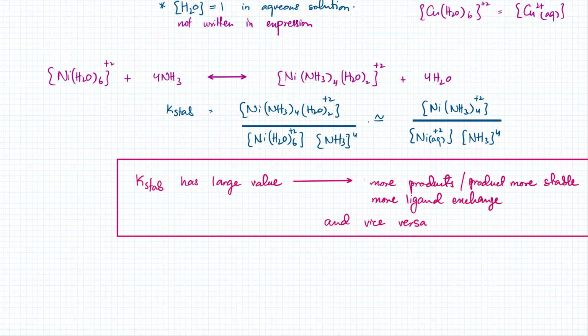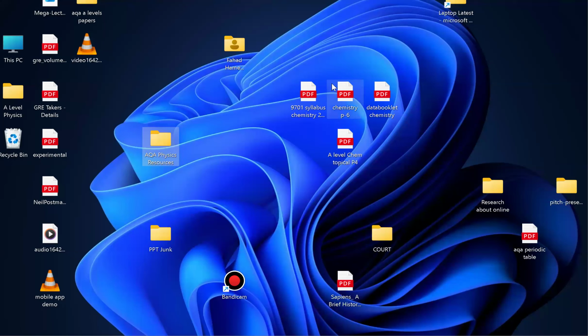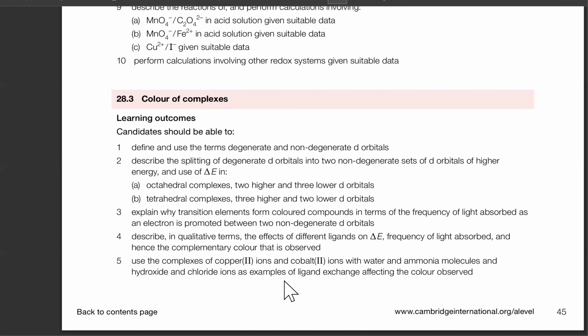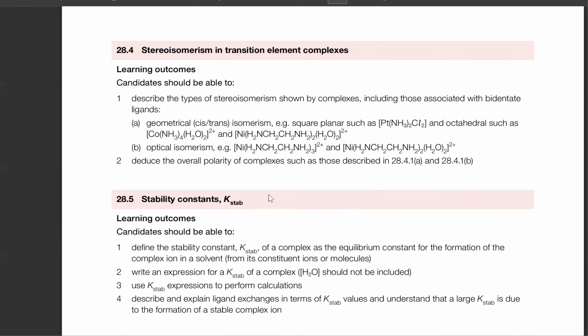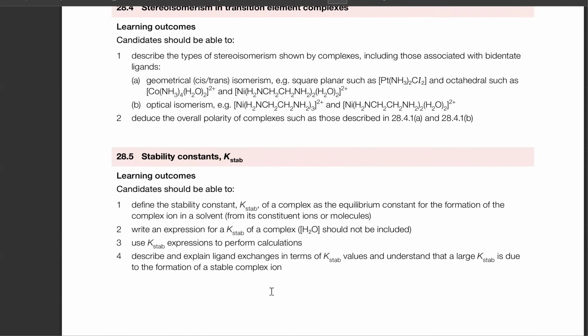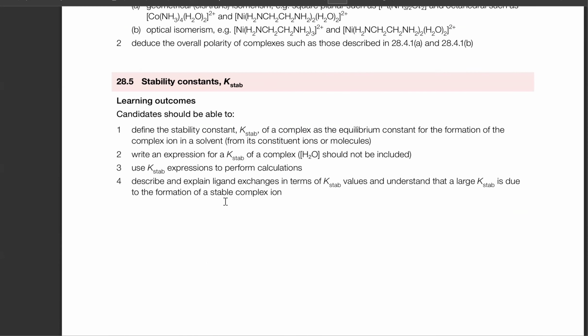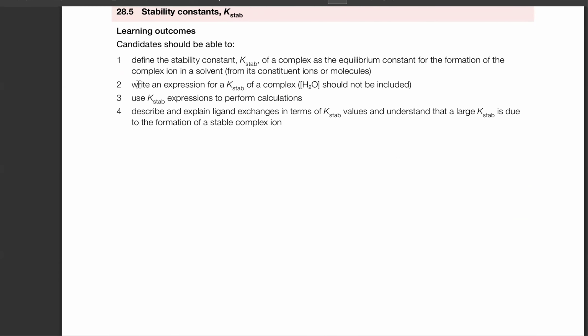So then I guess we are. Let me just double check this one. So we did the isomers, we did all of this. So we did K-stab. I think in the syllabus they're actually very specific that when you write an expression, the K-stab of a complex, H2O should not be included.